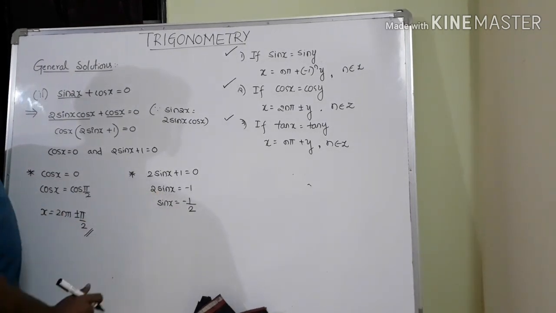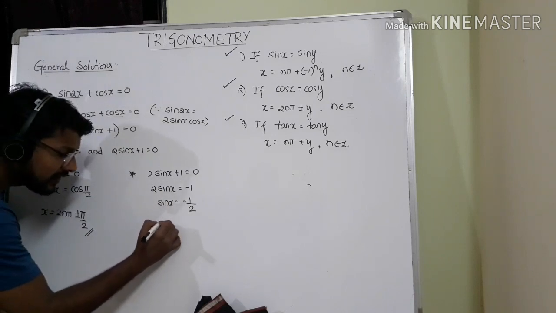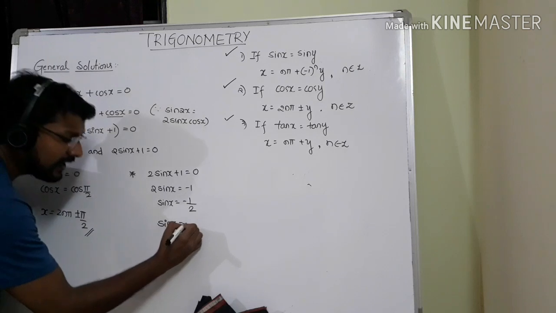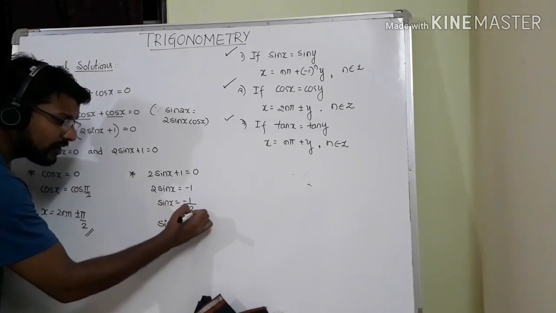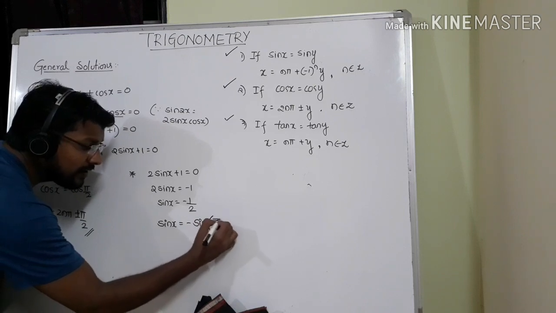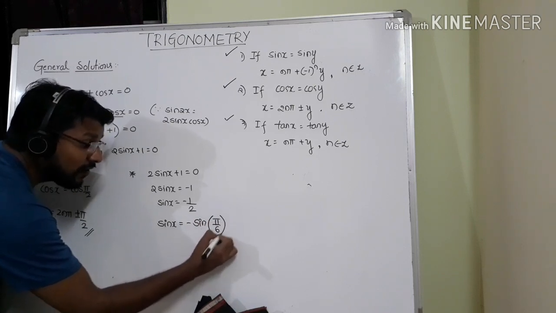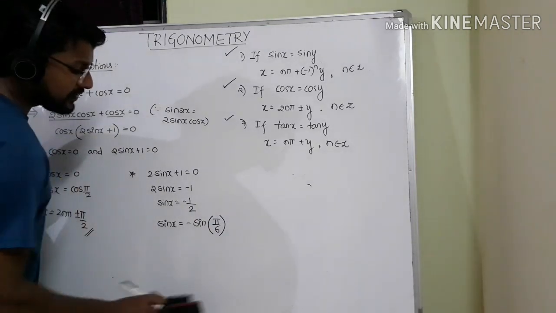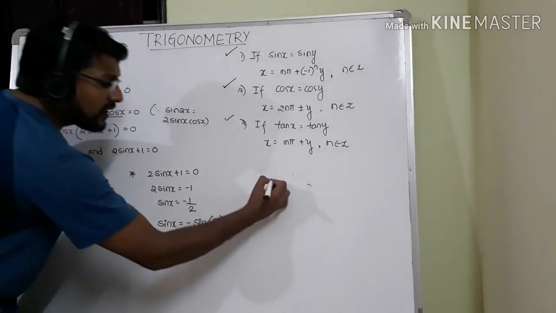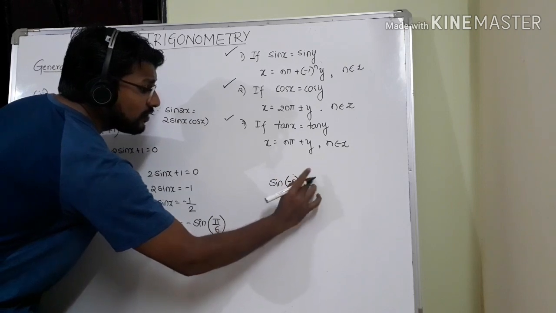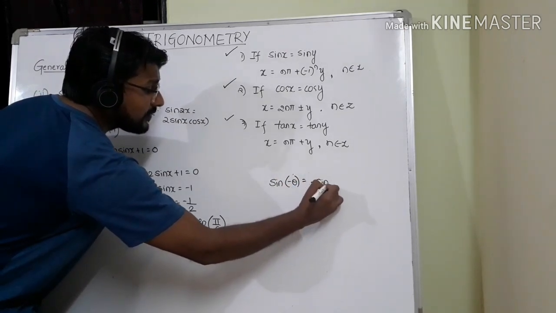Let me write sin x is equal to minus as it is, and instead of 1 by 2 I can write it as sine of pi by 6 because I know 30 degrees is nothing but 1 by 2. So now I have two options here. One is, I know one more basics, that is sine of minus theta is equal to minus sine theta.